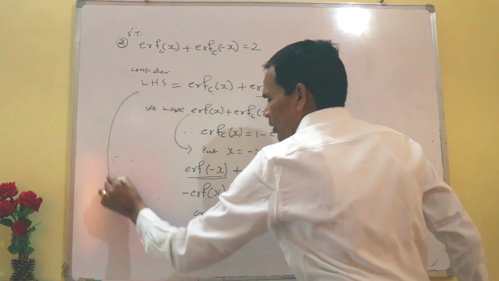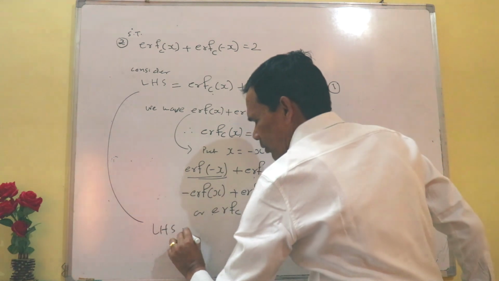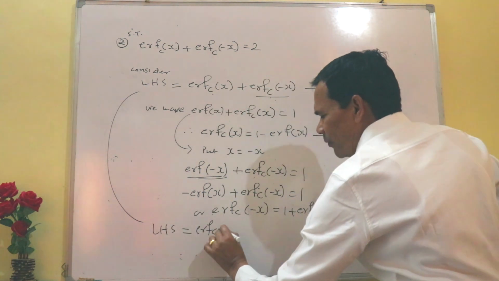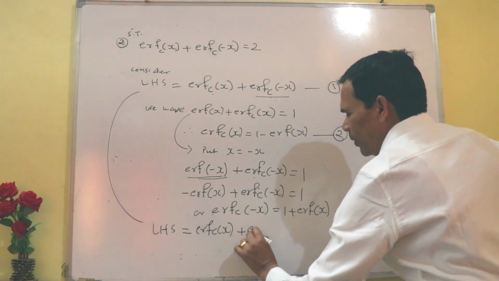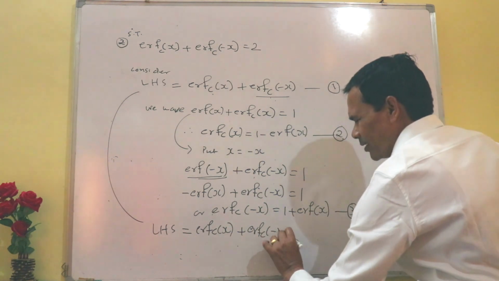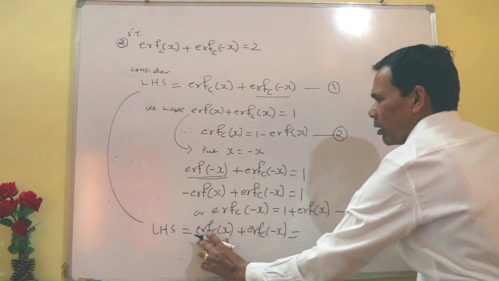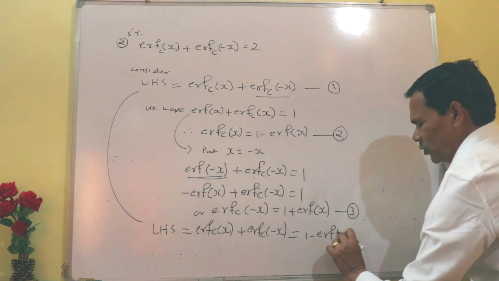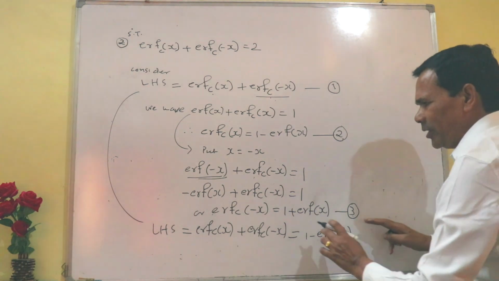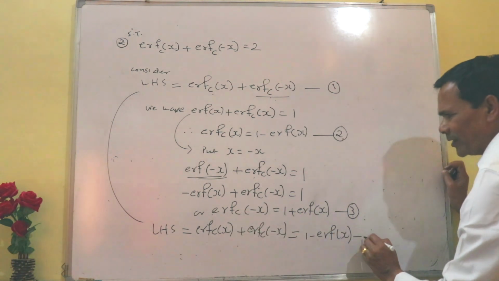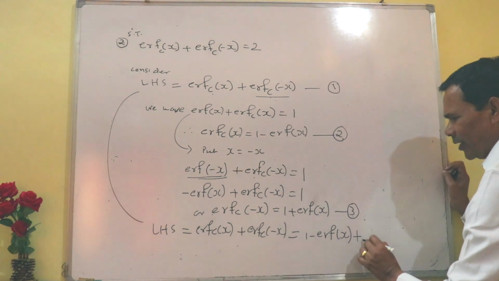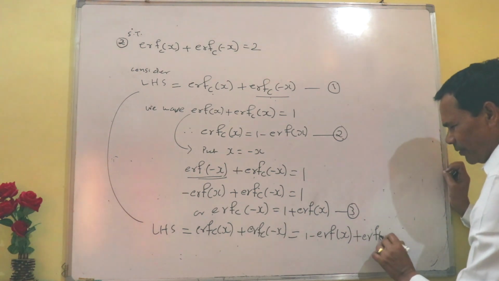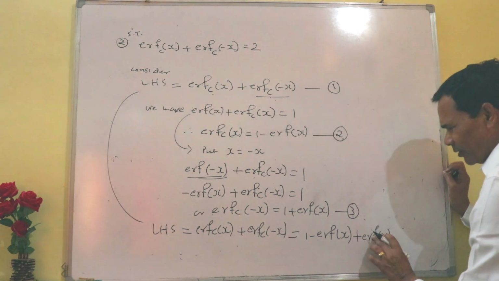I substitute from 2 and 3 in 1. So the LHS is equal to the complementary error function of x plus the complementary error function of minus x. The complementary error function of x is 1 minus the error function of x from 2, and from 3 the complementary error function of minus x is 1 plus the error function of x.